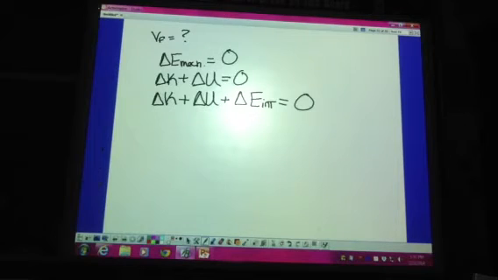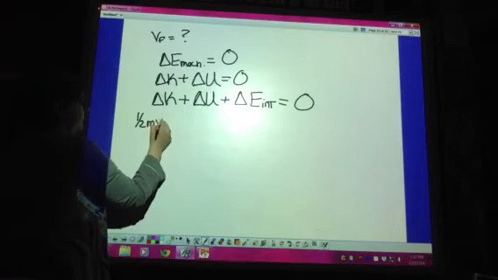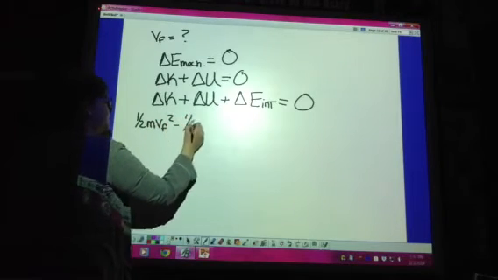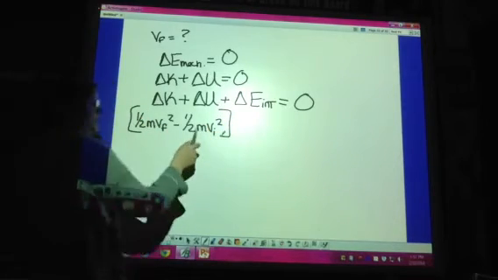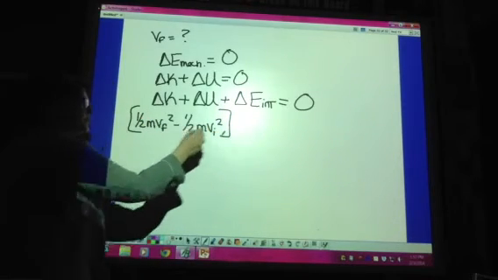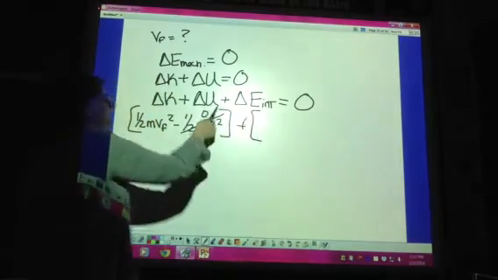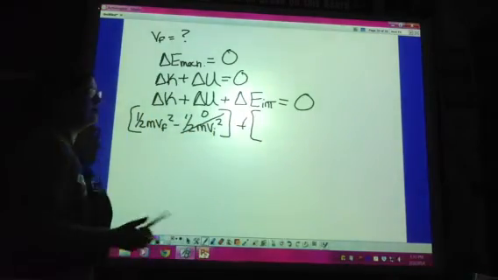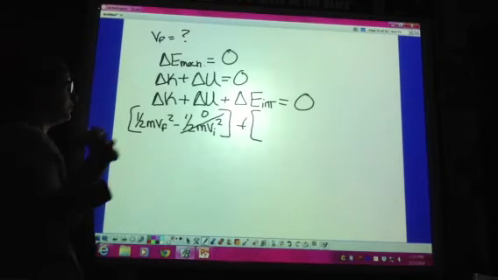Okay, so what we know is that delta K is just 1/2 m v final squared minus 1/2 m v initial squared. We also know that the box is starting at rest, so that initial must be 0. If I'm thinking about my potential energy change, we don't have a spring here, so the elastic potential energy is out.